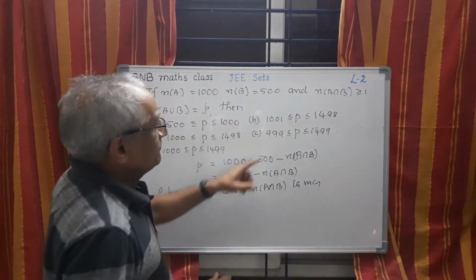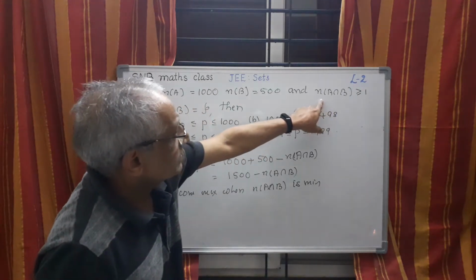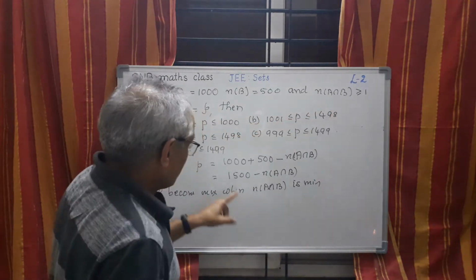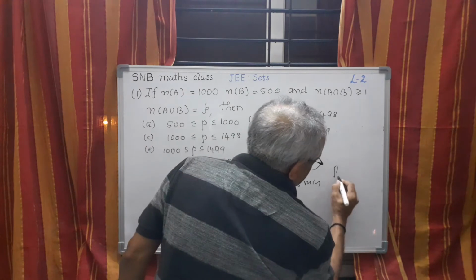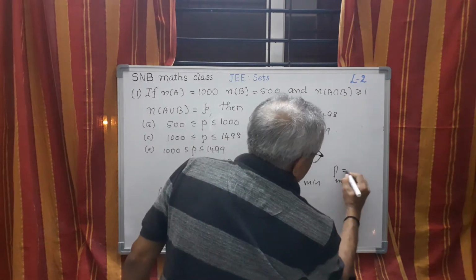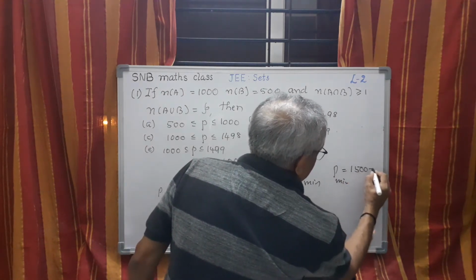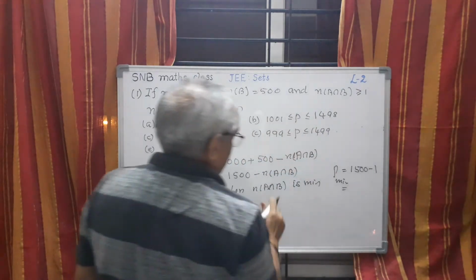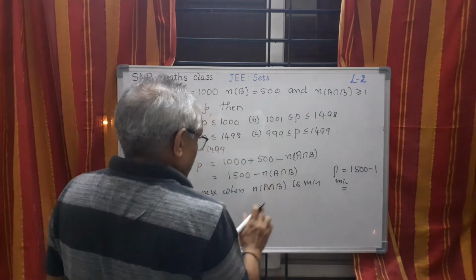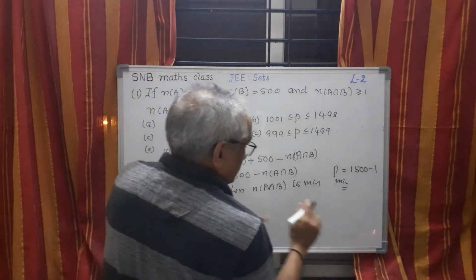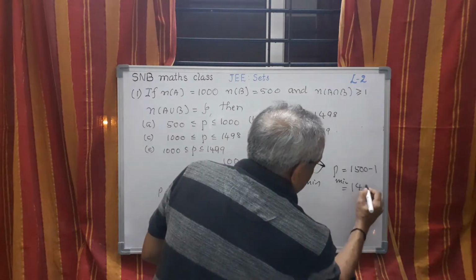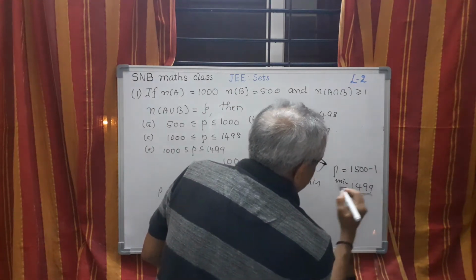But what is the minimum value of this one? It is given here already. Minimum value is 1. Therefore, P maximum must be equal to 1500 minus 1, so this is 1499.